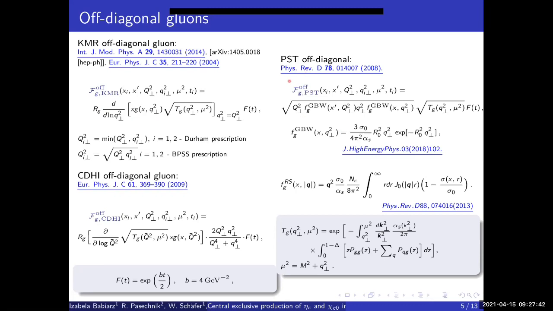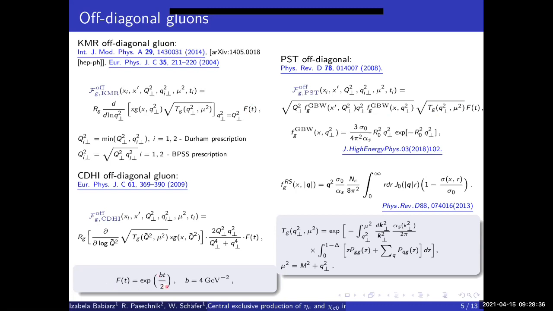It was first proposed by the group Pasechnik, Szczurek, Teryaev, and it looks like this: we have the screening gluon transverse momentum, with the GBW gluon for example, and the second one, the transverse momentum of the fusion gluon, also GBW. We also have to take into account the square root of the Sudakov form factor, and here the nucleon form factor, which is described by this formula.